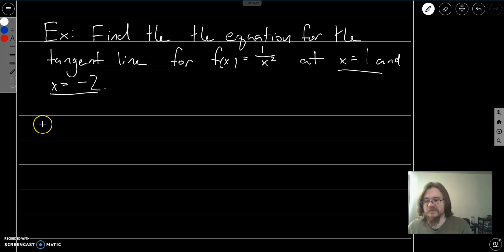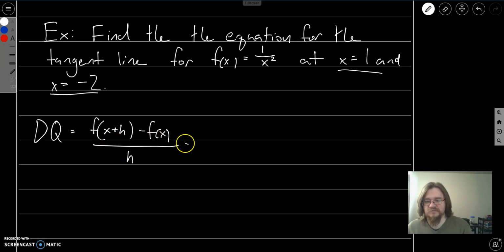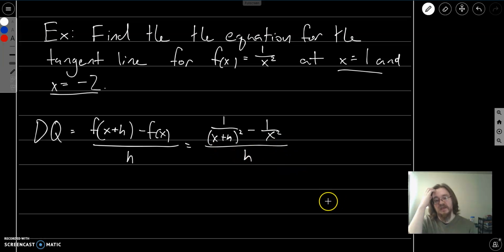So first of all, we need to find the difference quotient, which is going to be f of x plus h minus f of x over h. So if I plug in x plus h into here, I'll get 1 over x plus h squared minus 1 over x squared all over h.